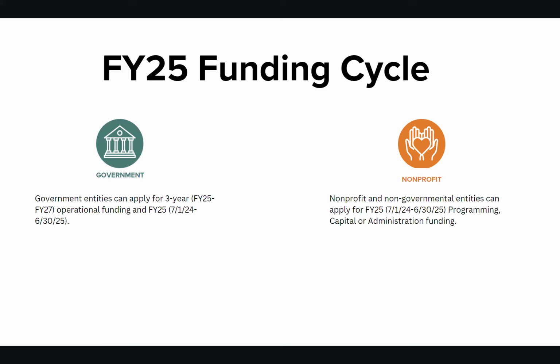Government entities can apply for 3-year operational funding, so that's for FY25, FY26, and FY27. And then capital, there's a typo in there, sorry. And then capital requests for FY25. And then for nonprofit and non-governmental entities, they can apply for fiscal year funding of this upcoming fiscal year, FY25, for programming, capital, or administration, very similar to how it's been done in the past. This is our second 3-year cycle with the government entities.